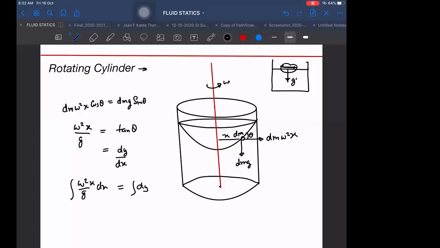Limits: let us take this as origin, 0. From here I am taking the distance x, and 0 to y the height. Then the relation we are getting is y is equal to omega square x square by 2g.